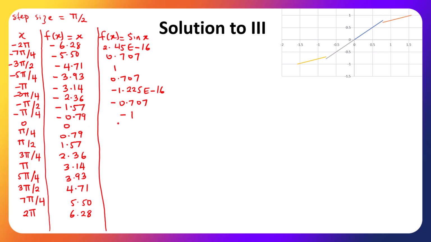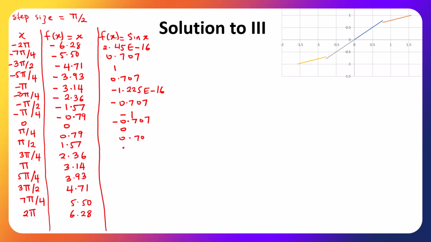Then for minus pi over 4, we have minus 0.707. So then for 0, we have 0 still. For pi over 4, we have 0.707.